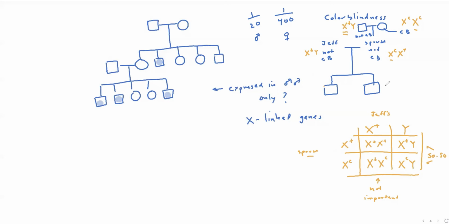Good. Now, does this mean that I've got one colorblind son and one non-colorblind son? No, it doesn't. I could flip a coin and get two non-colorblind sons, right? Or I could flip a coin twice and end up with two colorblind sons, right?